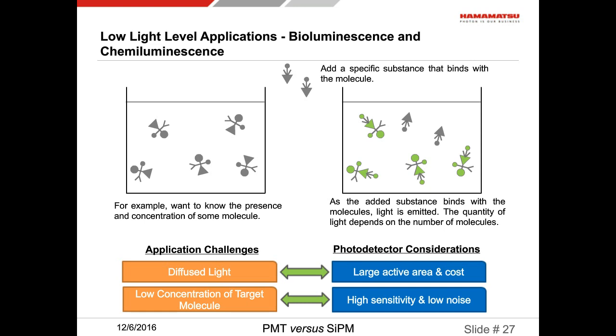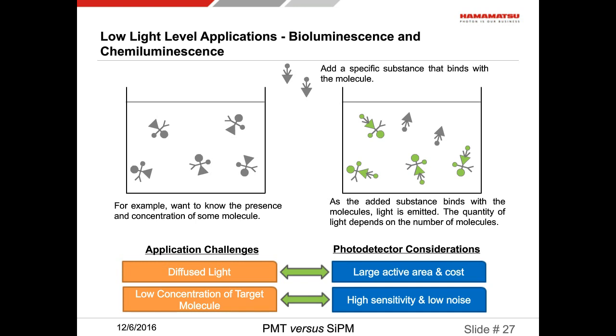The diffuse light and very sparse light are the application challenges. The photodetector considerations, therefore, would be highly desirable to have large active area at low cost and high sensitivity and low noise.